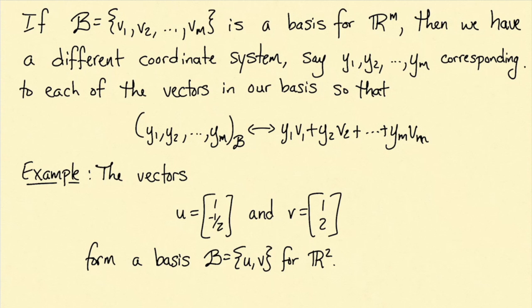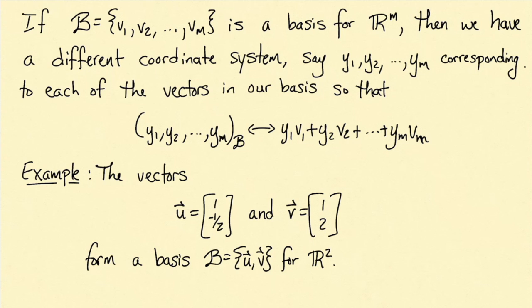Now, generally, it's common for people to name the coordinate system the same as the vectors. Usually in print, this means that the vectors are bolded and the coordinates are not.